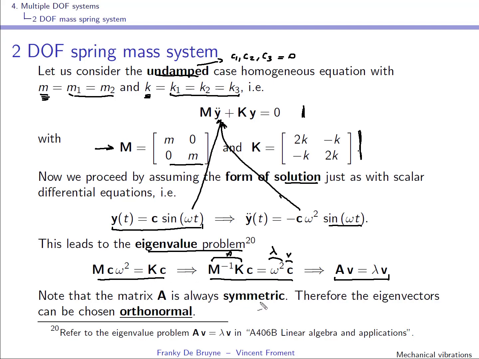This matrix here, the inverse of M times K, is indeed symmetric, because M is simply diagonal and K is symmetric. Okay, so we know from linear algebra that the eigenvectors can be chosen orthonormal.